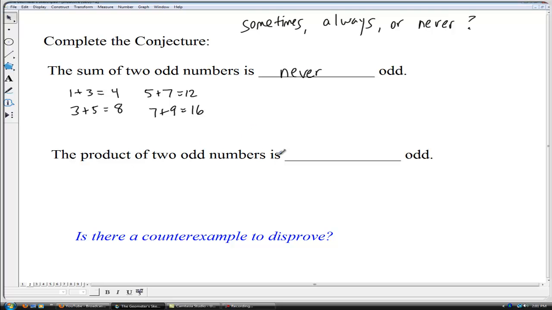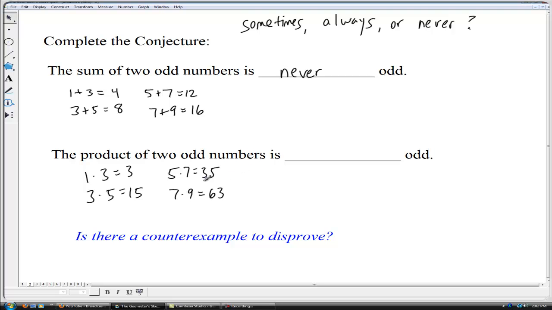The product of two odd numbers is sometimes, always, or never odd. Well, let's try this. 1 times 3 is 3. That's odd. 1 times anything is itself, so let me skip to 3 times 5, and that gives me 15. Okay, how about 5 times 7? 35. 7 times 9, 63.